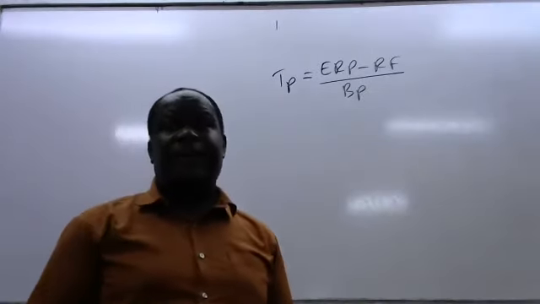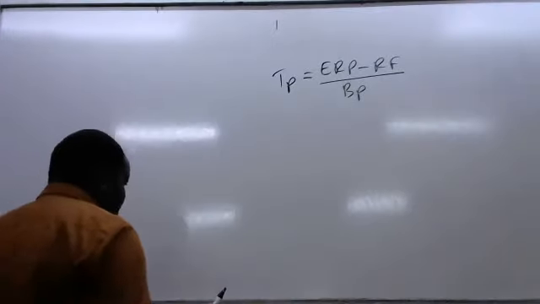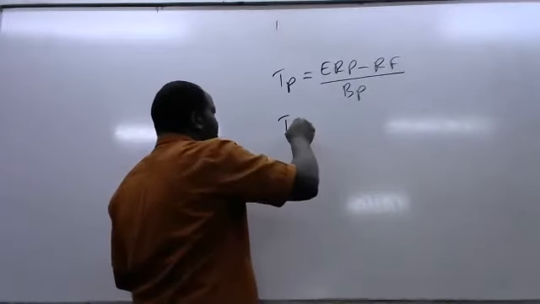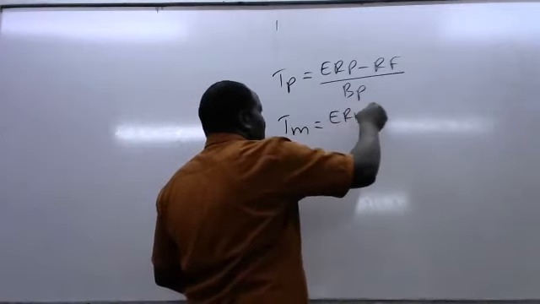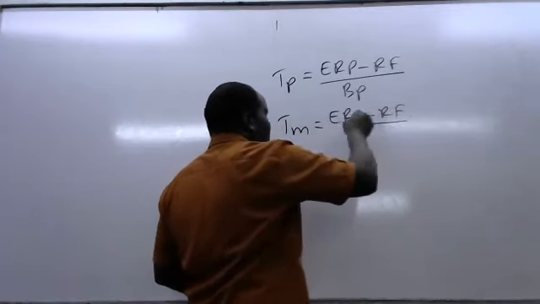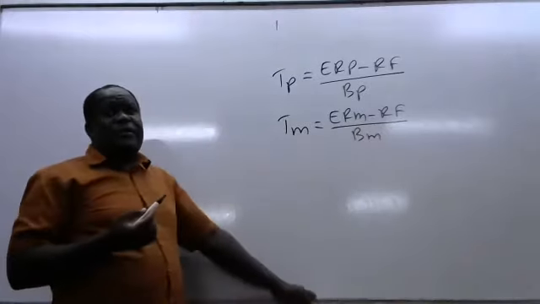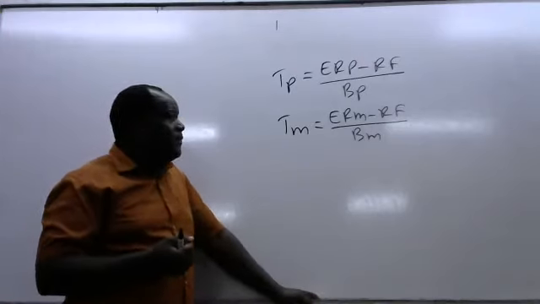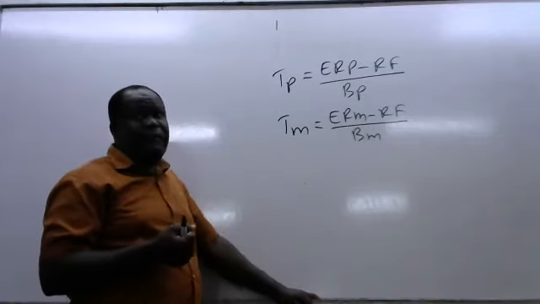The Treynor of the market will be given by expected return of the market minus the risk-free rate divided by the beta factor of the market.